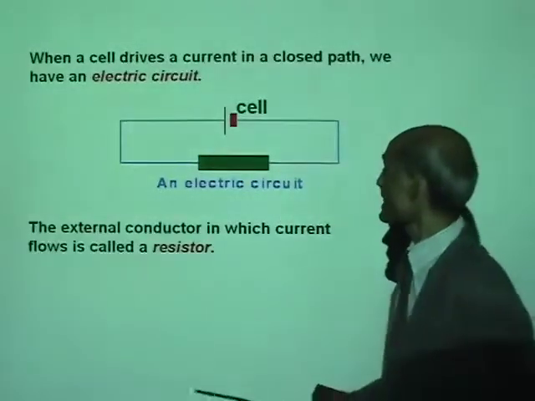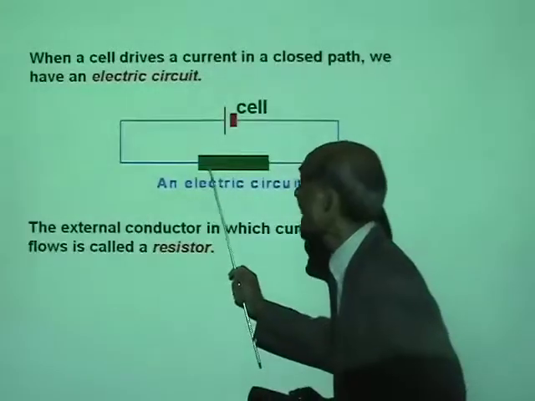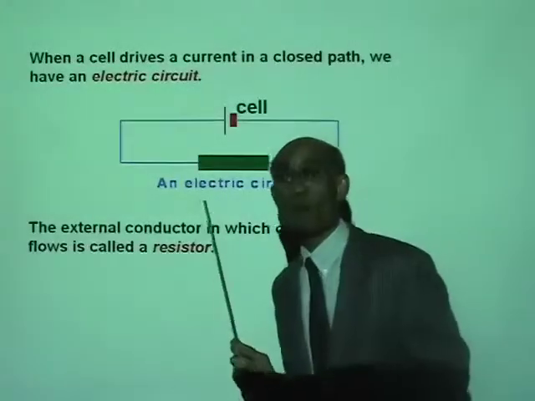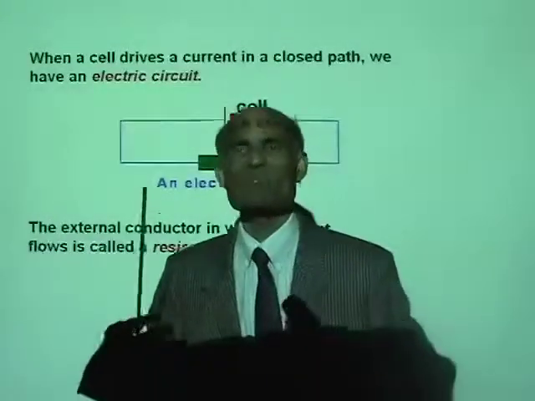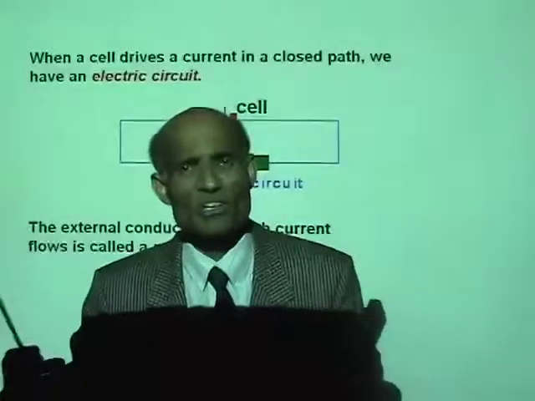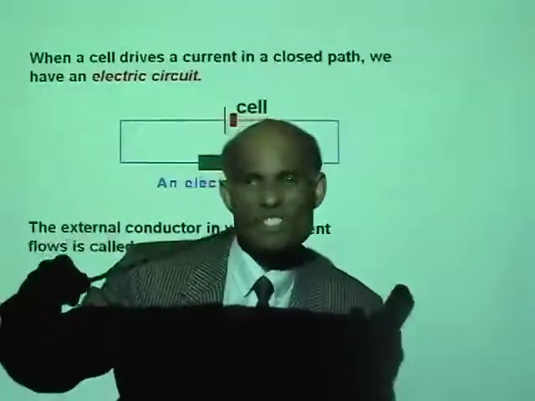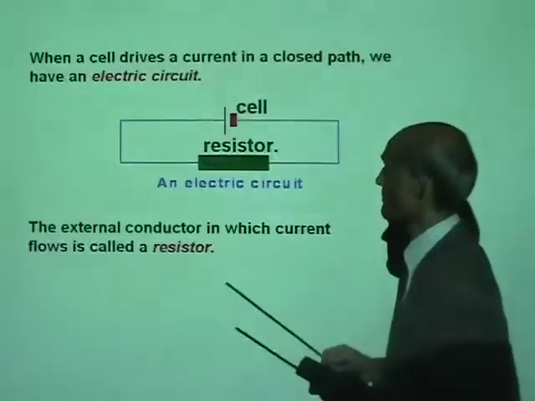Now the external conductor in which the current flows is called a resistor. So from now on we're going to call this a resistor, which has a resistance. A resistor has a resistance. In other words, it offers resistance for the flow of current. So this is our resistor.